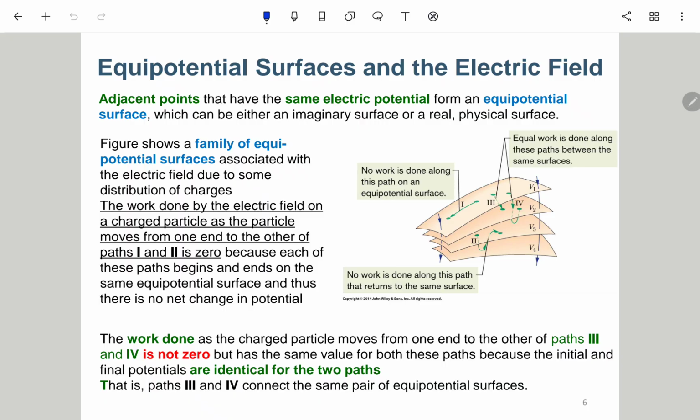Okay, equipotential surfaces and electric field. Here it says that adjacent points that have the same electric potential form an equipotential surface, which can be either an imaginary surface or a real physical surface.